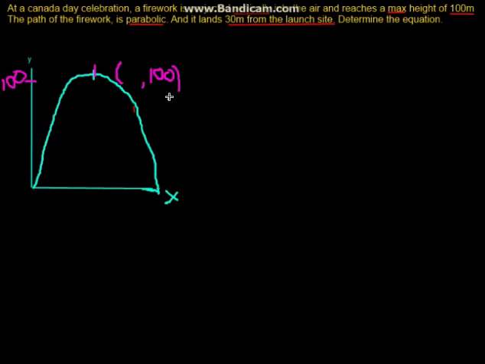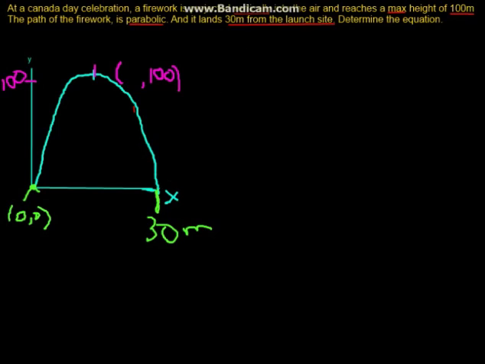The something is going to be the x, which we still don't know yet, but we can easily find that out. It says the path is parabolic, so it is shot up and then goes down, and it lands 30 meters from its original launch site. So this is the original launch site, the point 0, 0, or the origin, and here is the point where it finishes its parabolic trajectory, 30 meters away from the launch site.